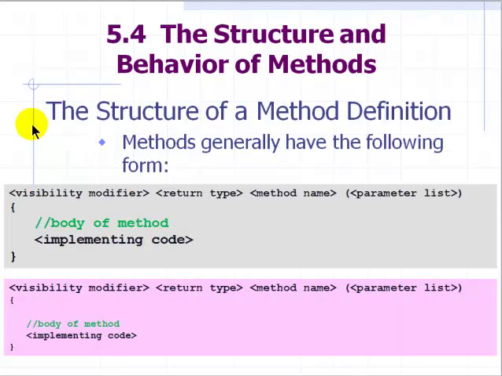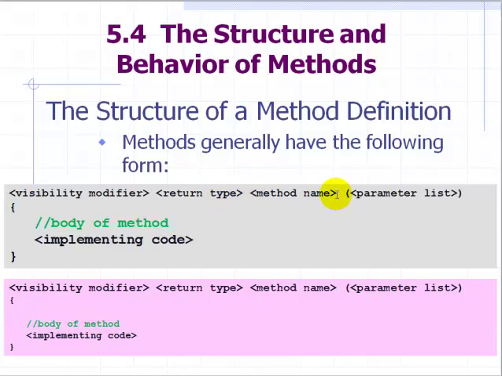Let's just start with a general form of a method, and you can see right here I put that it has a visibility modifier. That means public, private, who can access this method. A return type, and we'll talk about the fact that even if there is no information being passed back, you have to put something here for a regular method.